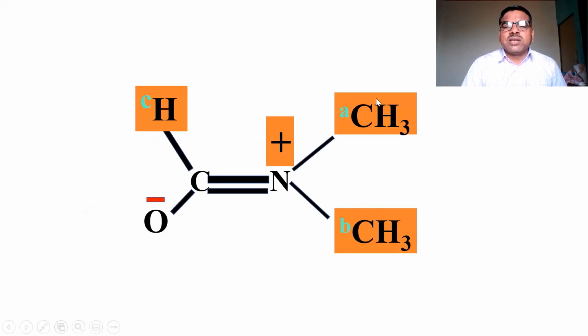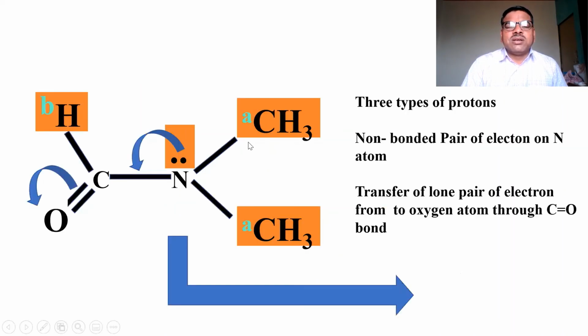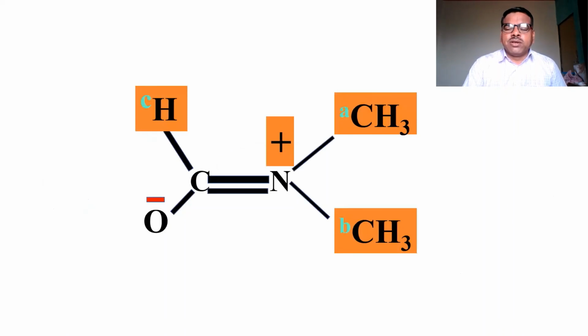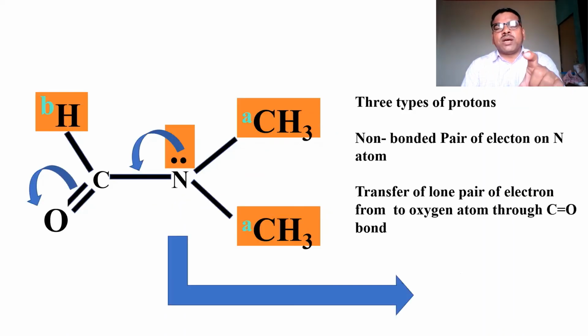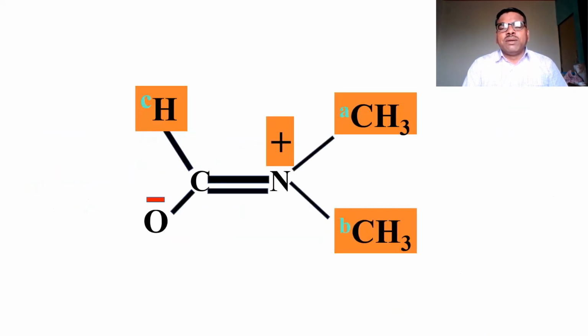In this case both methyl groups are different, and in the other case both are similar. So remember: in one case the methyl groups are equivalent, and in the other they are non-equivalent.